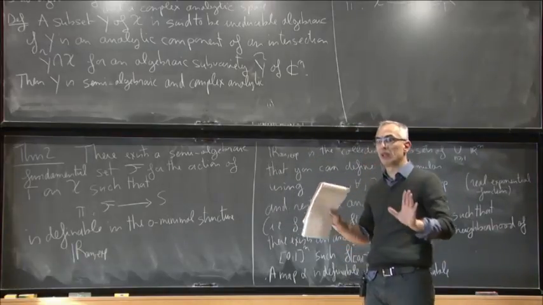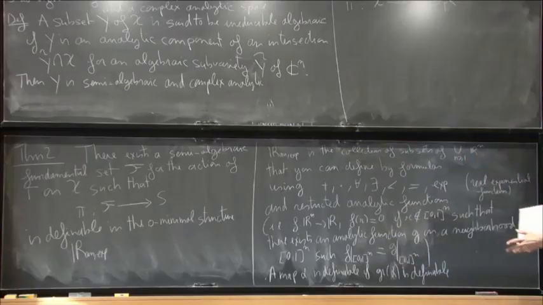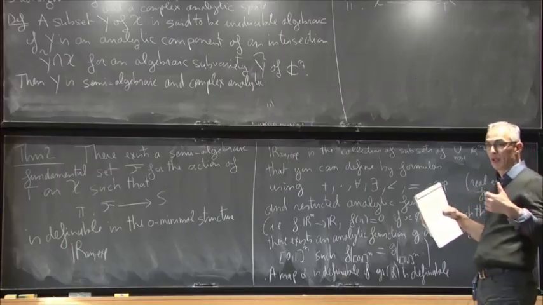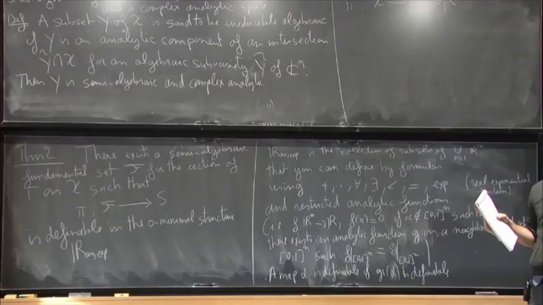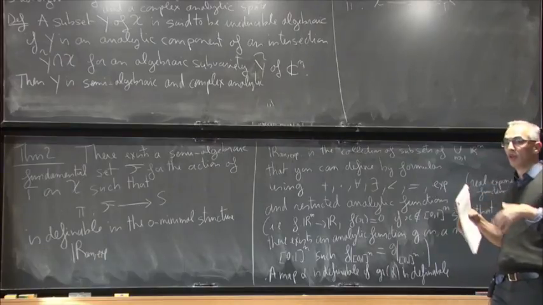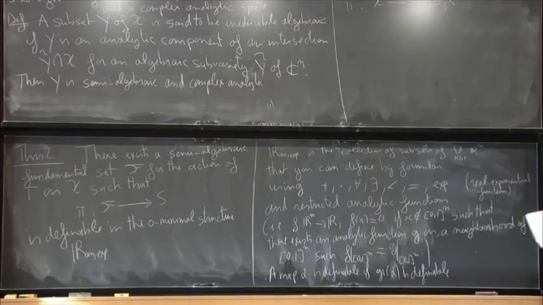You have some finiteness assumption. It is equivalent, in fact, to saying that the only definable subsets of R are just finite unions of points and intervals. And if you know this for R, it will imply this for all n.